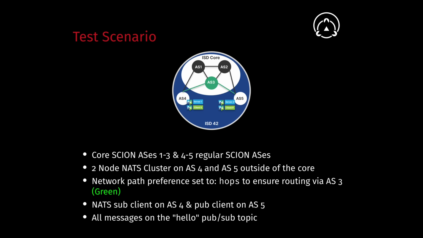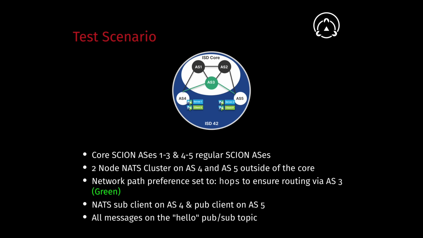And so the test scenario that I want to get into real quick, just to talk about what I saw from this port. I have the diagram and this simple ISD, which basically consists of 3 core ASs and 2 regular SCION ASs.